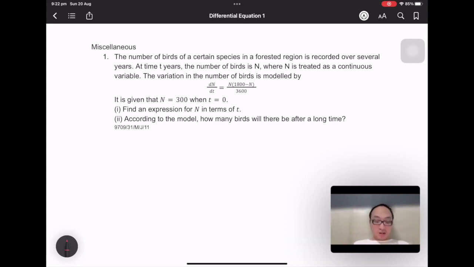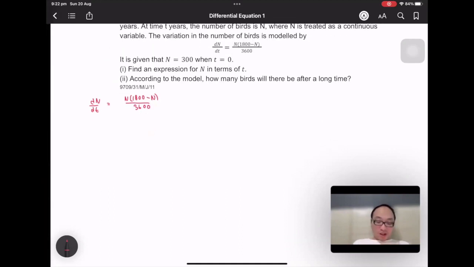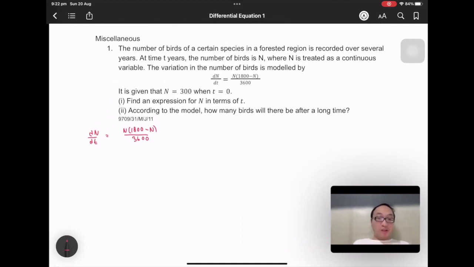So we have to solve the differential equation dn over dt equals n times (1800 minus n) over 3600. So we can do the separating variables first.